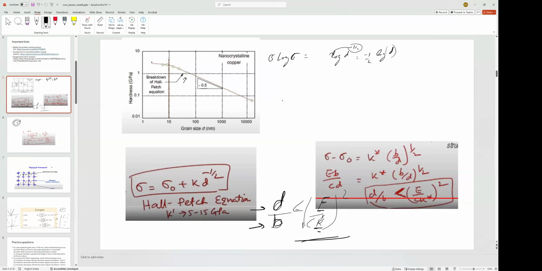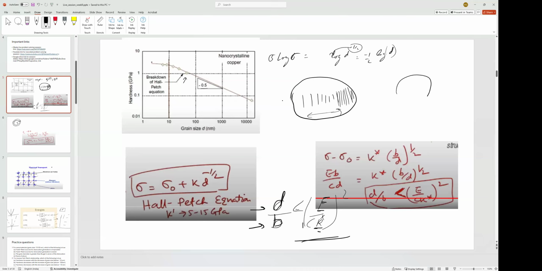So in the Hall-Petch strengthening, what's happening is if you have a large grain, at the grain boundaries dislocations will pile up. A new dislocation is generated and they'll start piling up at the grain boundary. Here you can see a lot more dislocations are there.